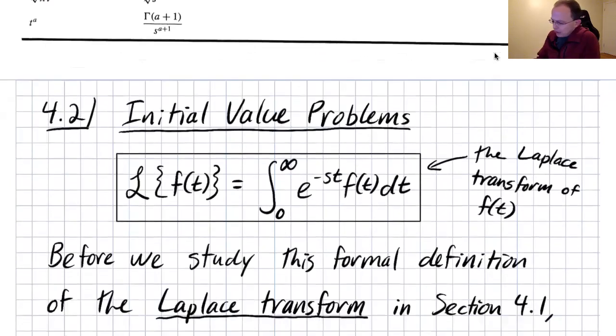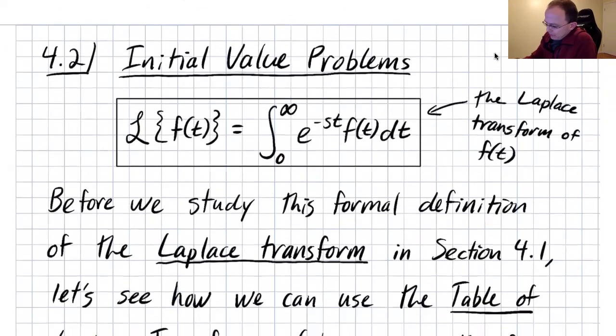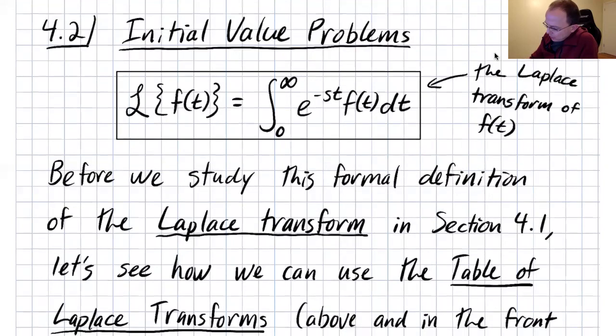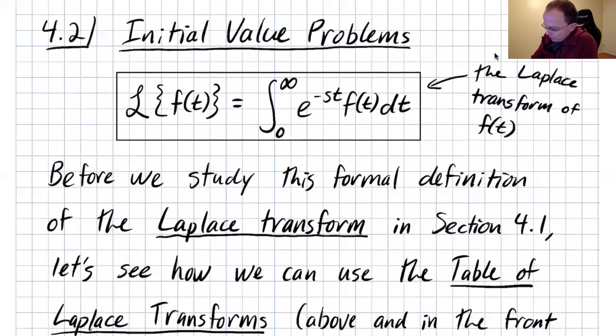Now, the textbook starts out in section 4.1 by defining what the Laplace transform is. The Laplace transform of a function f of t is equal to this integral. That's how they start the story about Laplace transforms.